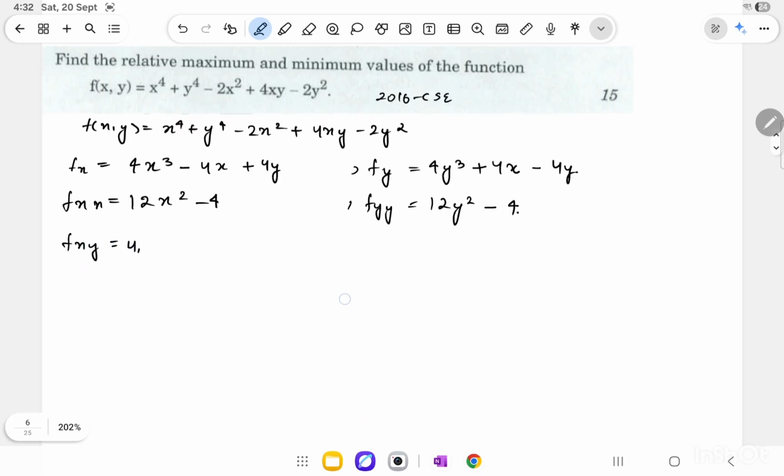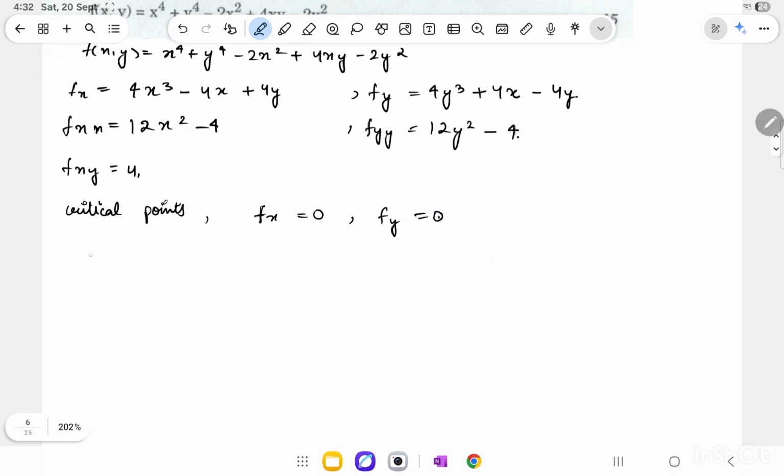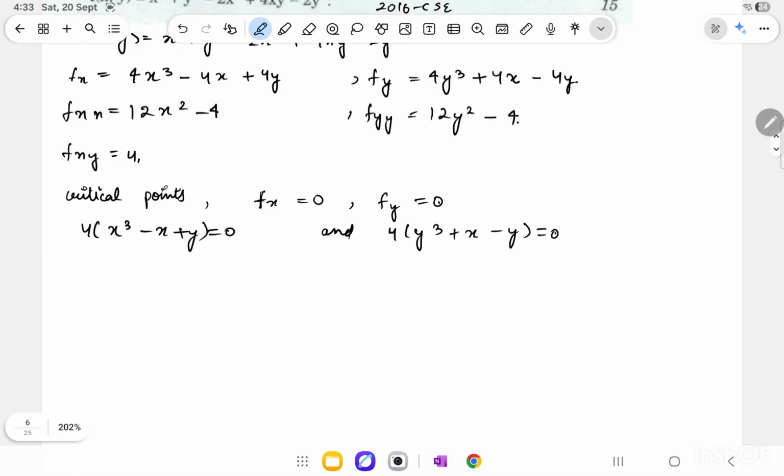Now let's just find out the critical points. That we'll get by equating the first order partial derivatives of f with respect to x and y with 0. If we do so, we'll be getting x^3 - x + y = 0, and y^3 + x - y = 0.